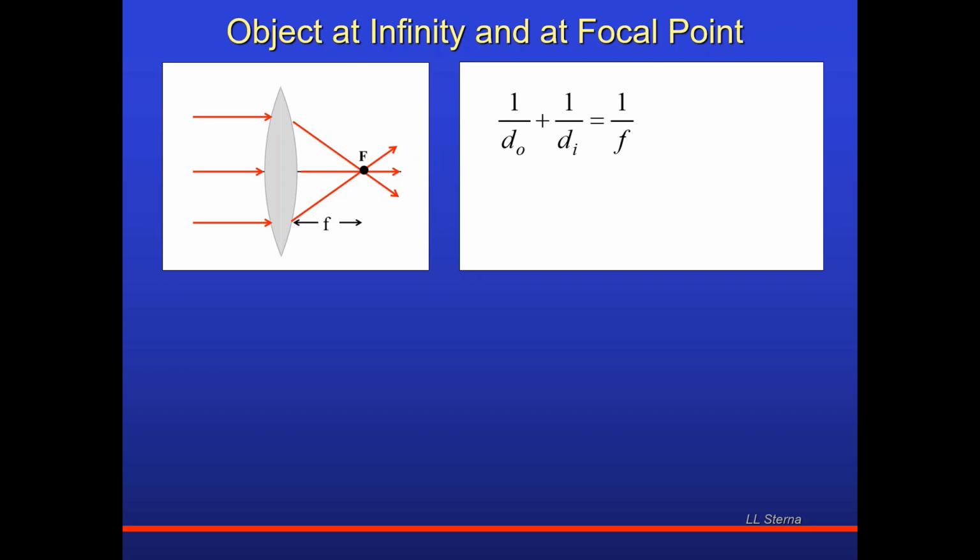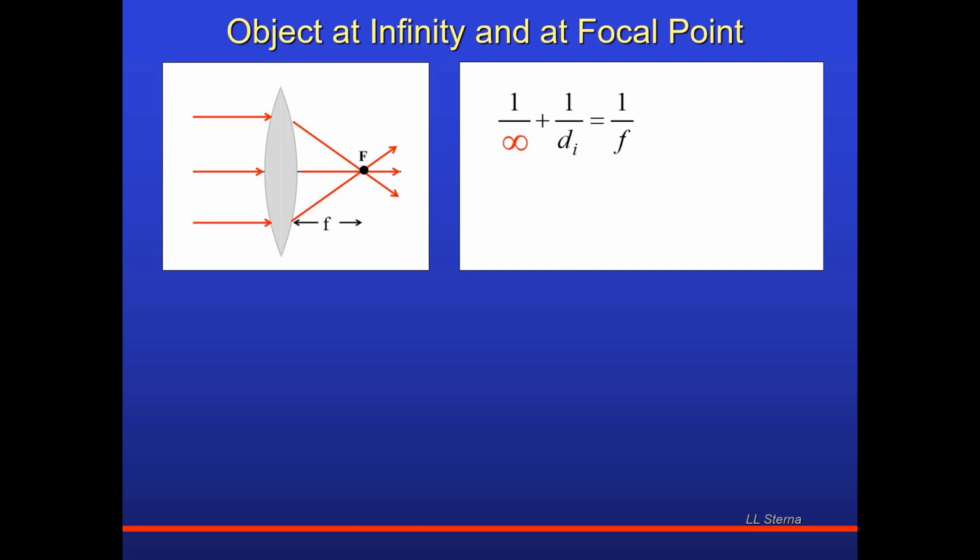How do I treat that with the equation? There is the equation on the right. If the object is at infinity, what would be do? Well, do would be infinity. So that's the symbol, that kind of sideways 8 symbol for infinity. How do we solve this equation?